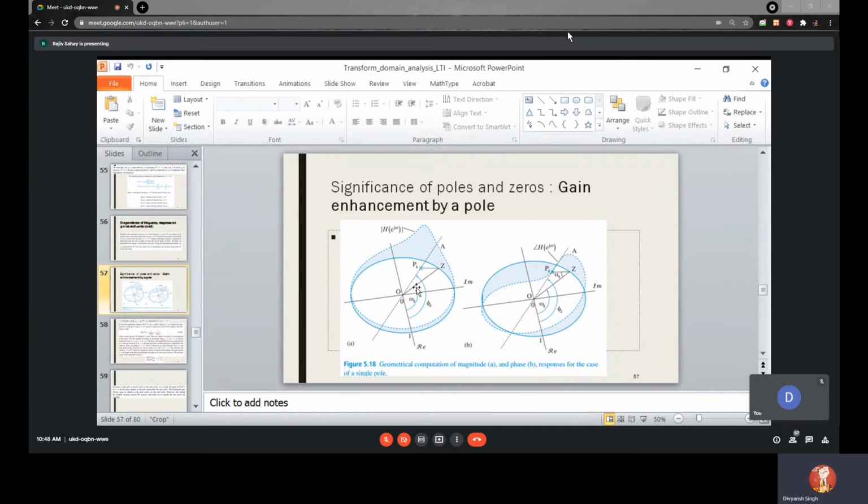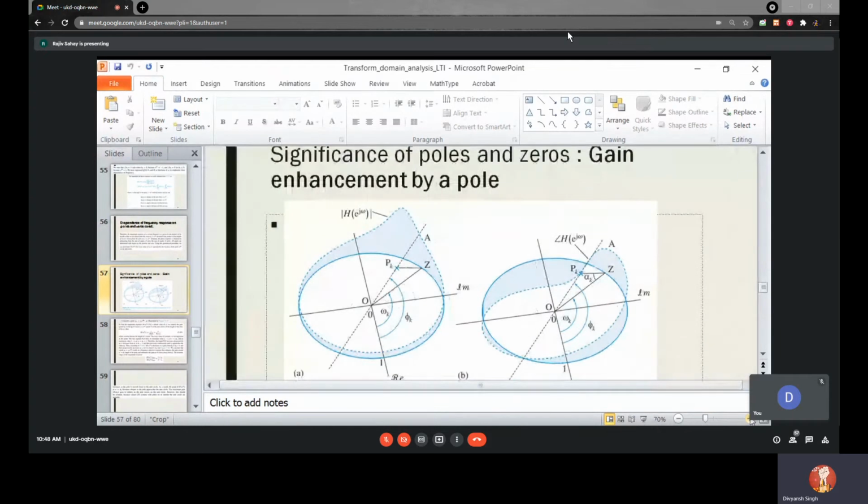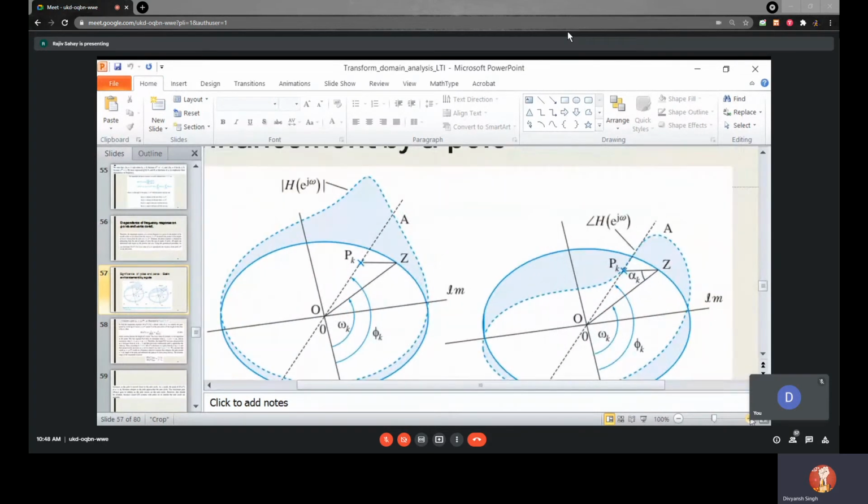Let me zoom this so that you can see it clearly. At a particular frequency omega k, you have this vector z, and we are going to move this vector z over the unit circle. The pole is located here. The pole is fixed, and the pole angle with respect to the axis is phi k.